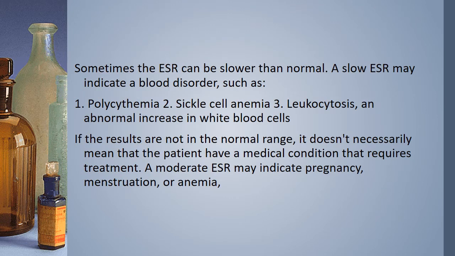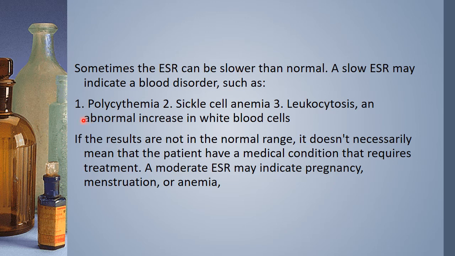We would like to clarify that sometimes the ESR is going to be increased and sometimes it is going to be slower than normal, which is going to indicate a blood disorder: polycythemia, sickle cell anemia, leukocytosis, an abnormal increase in the white blood cells. This is what we mean by leukocytosis.